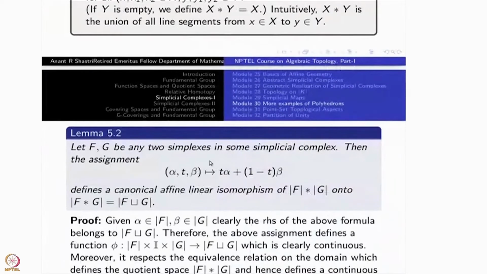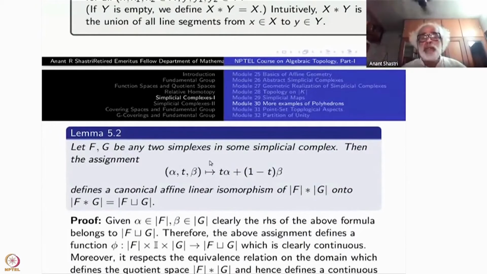Okay, so this is a preparatory lemma here. If f and g are two simplexes in some simplicial complex, then I want to say that the mod f star mod g is triangulated by f star g. Remember, if f is a simplex, that means it's a finite set and all its subsets are taken, that is a simplicial complex.